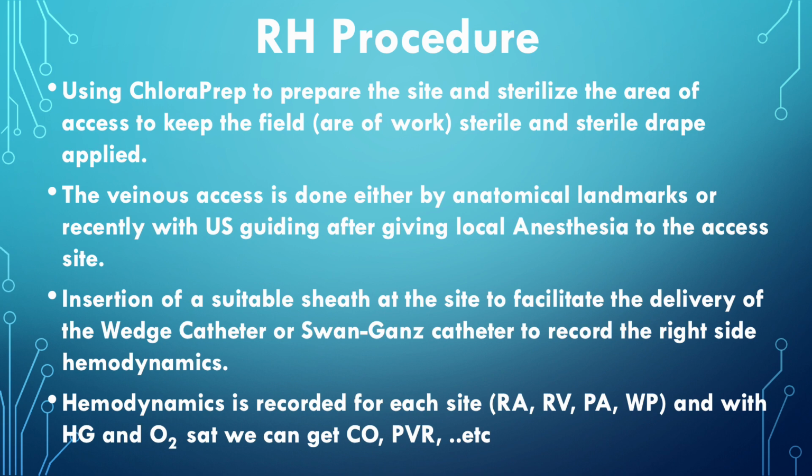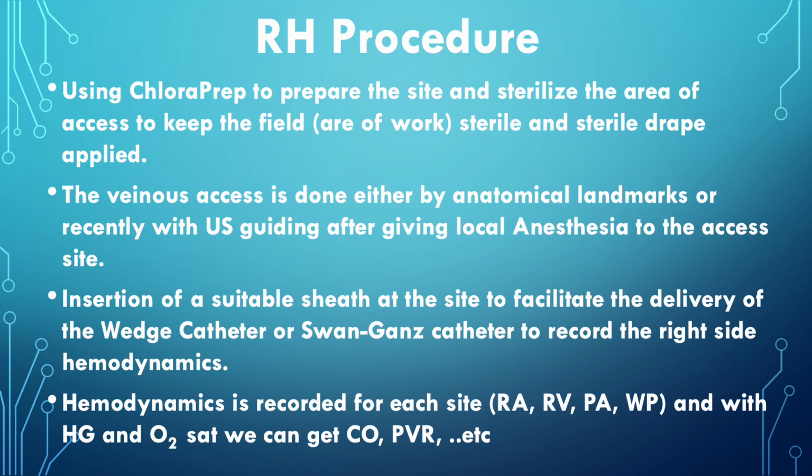And the access can be done either by anatomical verification, which was the old way where everyone used anatomy to get access to anything in the body. Nowadays, ultrasound machines have become more friendly and easy to use.